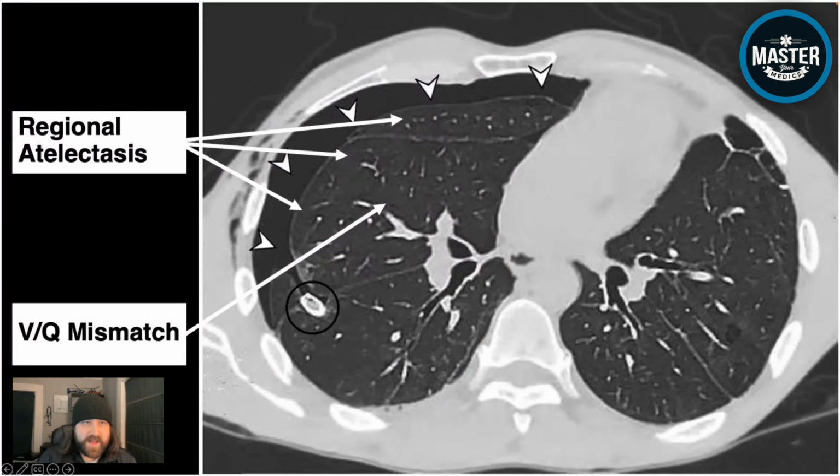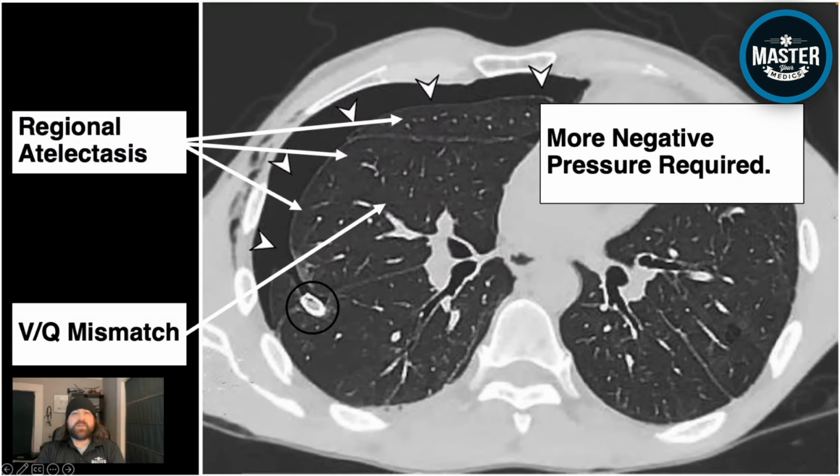So the first problem we have is this regional atelectasis, and you get this VQ mismatch and hypoxia. And you get this increased work of breathing because now the chest has to generate even more negative pressure to open those lungs because we don't have that negative pressure that's pulling. You see, we can still overcome it. It's harder to do. We have to pull harder.